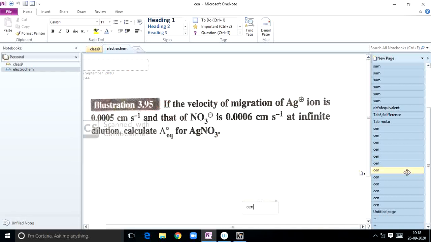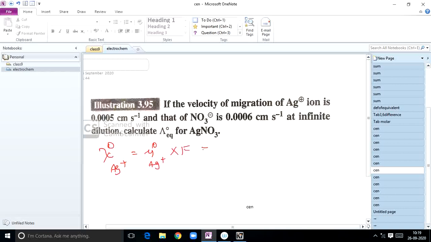If the velocity of migration of Ag plus ion is 0.0005 centimeter second inverse and that of NO3 minus is given at infinite dilution, calculate lambda equivalent of AgNO3. So already we got the formula for this. Lambda naught of Ag plus is equal to mu naught of Ag plus into Faraday.